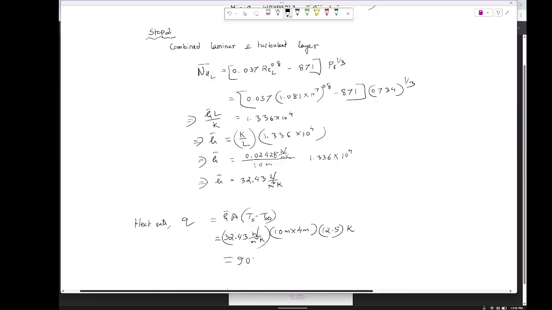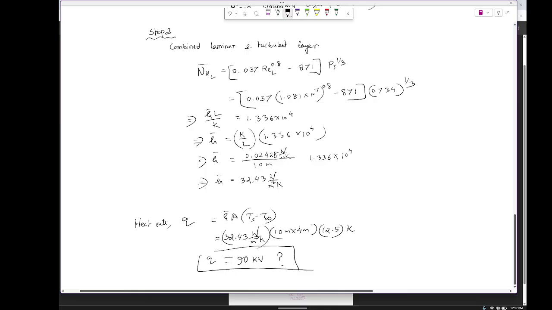Anybody got the value? Is it 908 kilowatt or 90 kilowatt? Maybe 90 kilowatt. What value did you get? 9.1. For some reason I have 90 kilowatt. Let me put it this way: 90 to the power 3, so 90 kilowatt, with a question mark. I'll talk about it next time, but you have to check the math. As long as the math goes correctly, you should get the value.